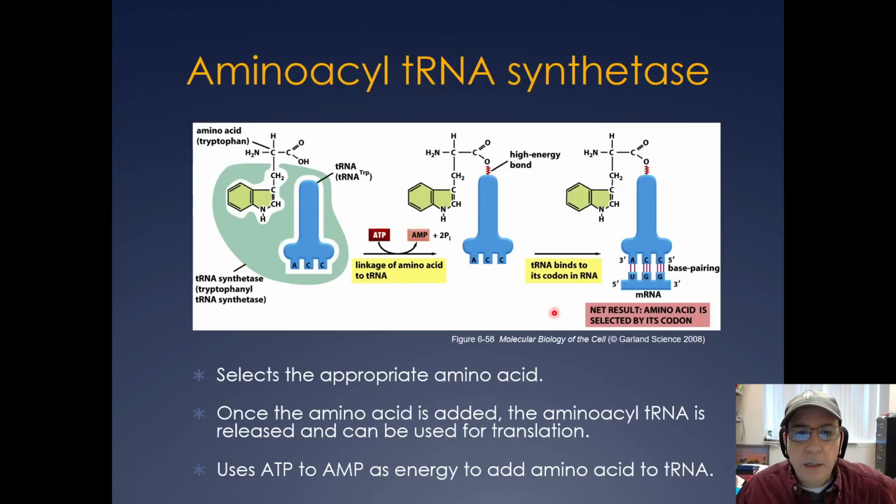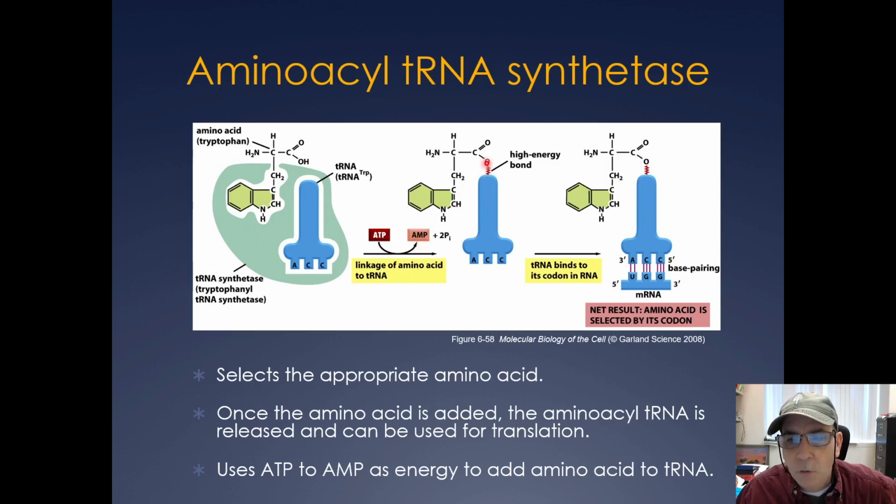Okay, so here's basically how the aminoacyl-tRNA synthetases work. In this case, the example is showing tryptophan, and there's the amino acid. This is the R group. The tRNA synthetase will select an amino acid based on its R group, and then the amino acid will become adenylated, where ATP is converted to AMP, and the AMP is the carrier.